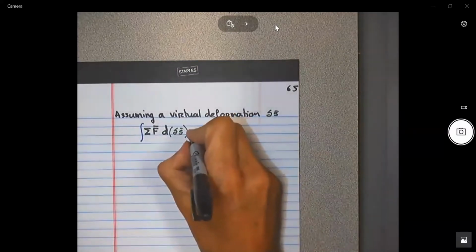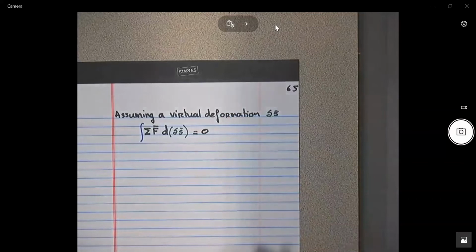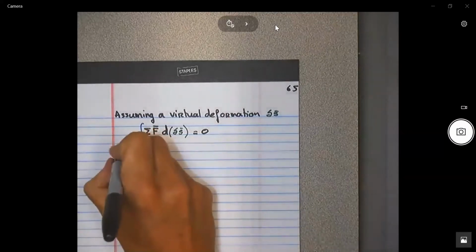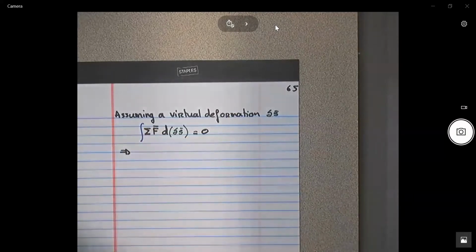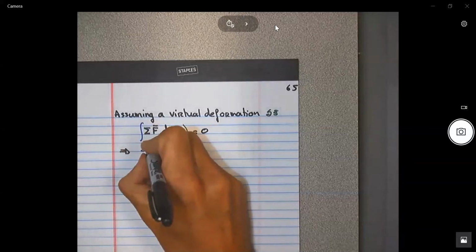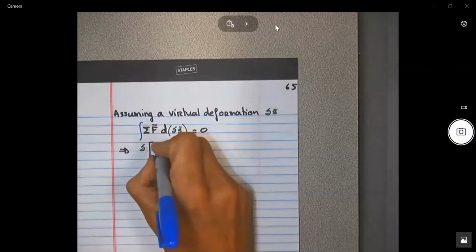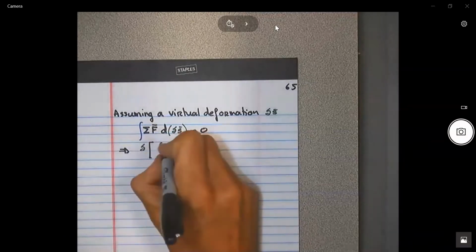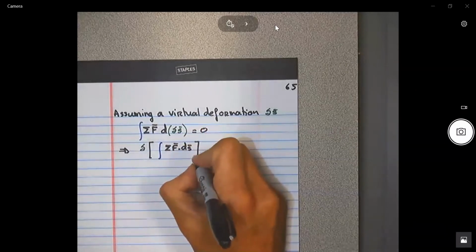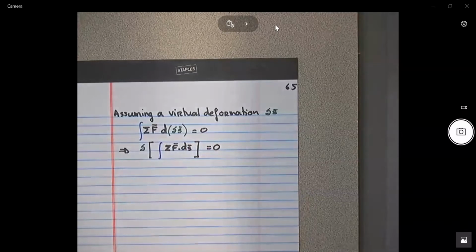And this should be equal to 0. So what happens here is that since the forces are assumed to be constant, you can rewrite this as what? You can move the virtual sign outside, and what you're going to have is that you end up in the middle with the same expression that we had before. Summation of forces ds, which this term is what?